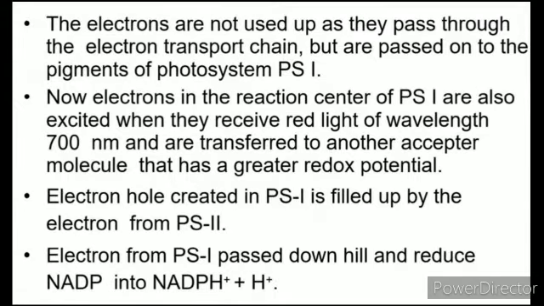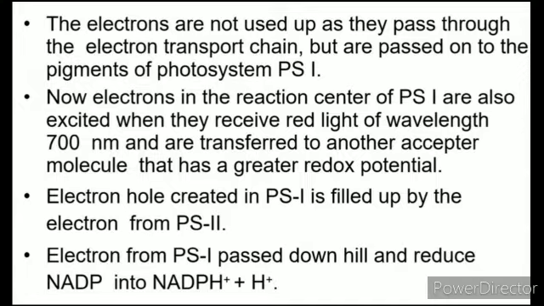The electrons are not used up as they pass through the electron transport chain, but are passed on to the pigments of photosystem PS1. Now, electrons in the reaction center of PS1 are also excited when they receive red light of wavelength 700 nanometer and are transferred to another acceptor molecule that has a greater redox potential.